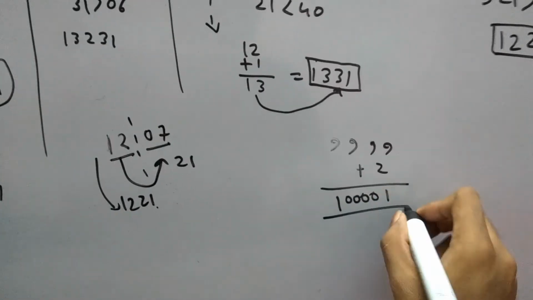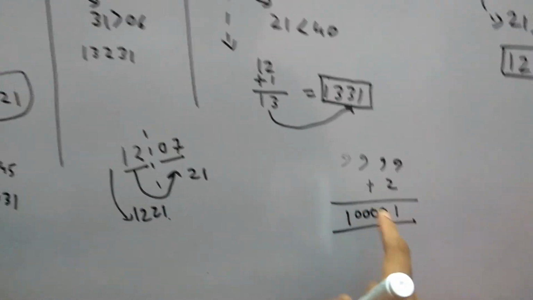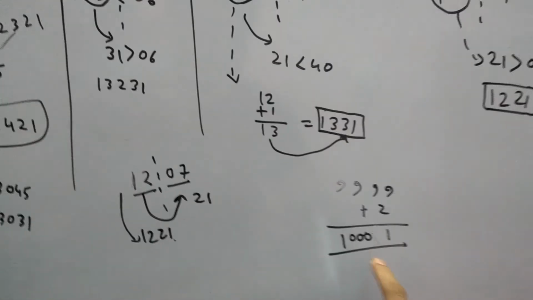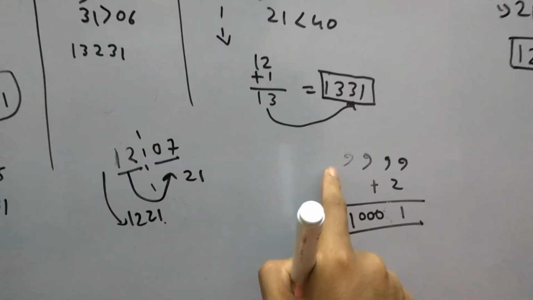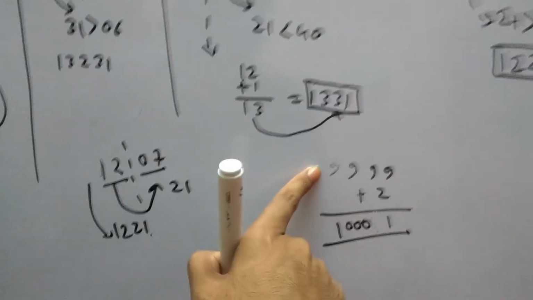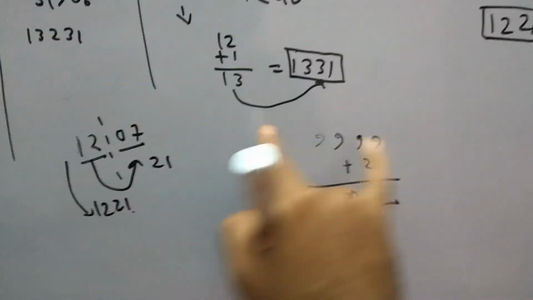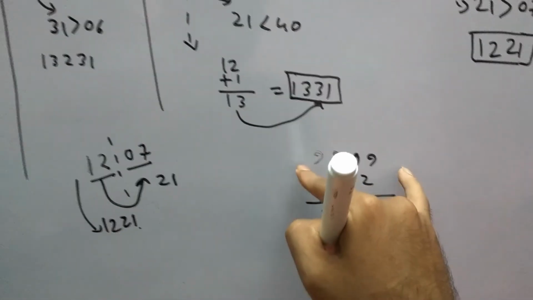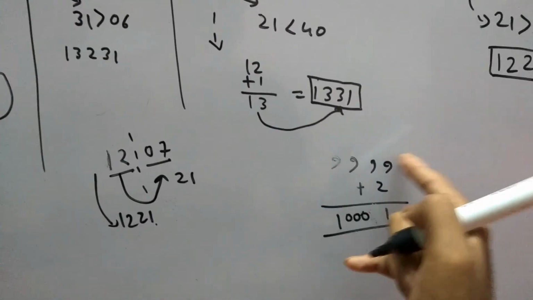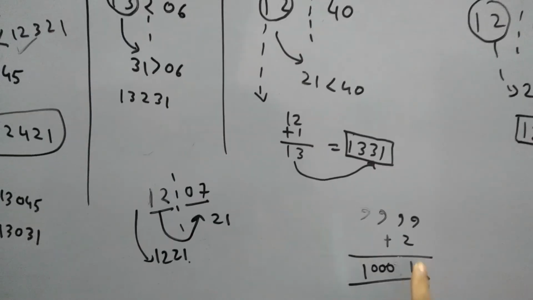So this would be the answer, or I should have written 10 extra here. So for this type of special case, we just have to add 2 to it. No matter how many nines there are, if the whole number consists of only nines, the answer to the next palindrome is 100...1, or rather the number plus 2. So that's why we have to add 2 to it.